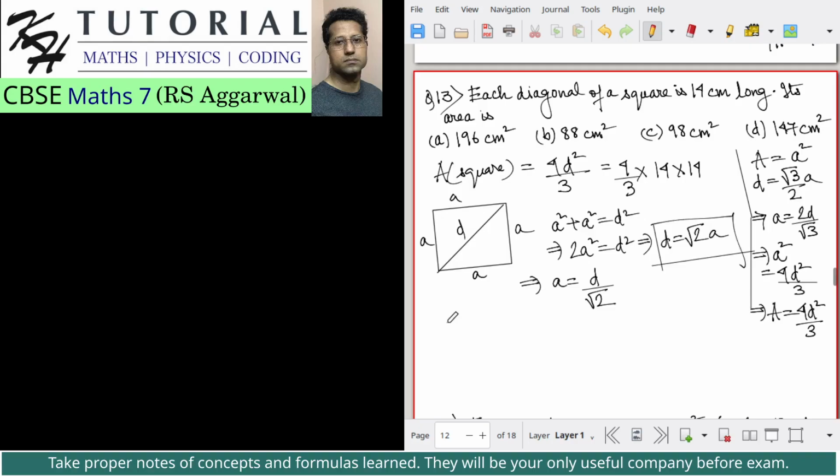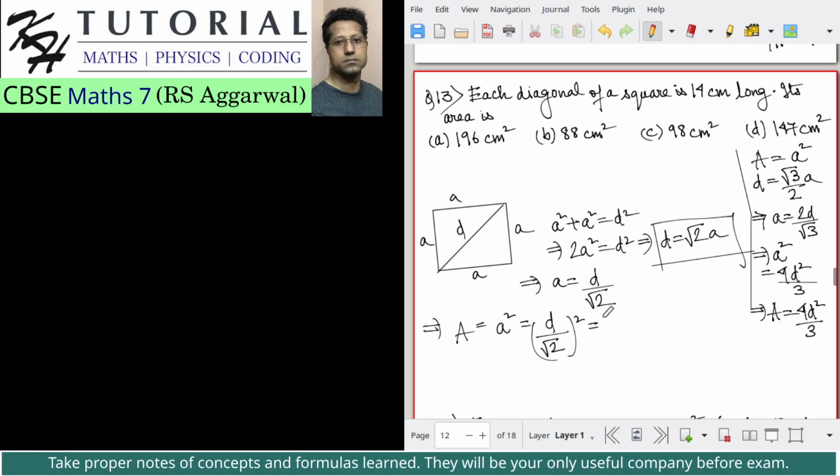So this implies that area of a square, area, this is wrong, area of a square will be equal to a square, which is equal to d by square root of 2 square, which is equal to d square by 2.